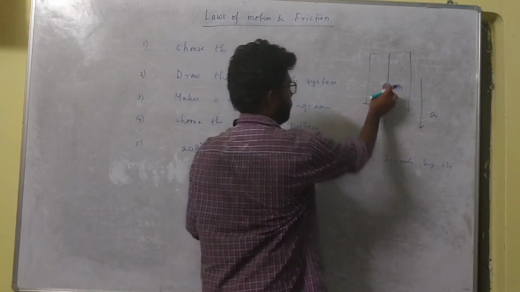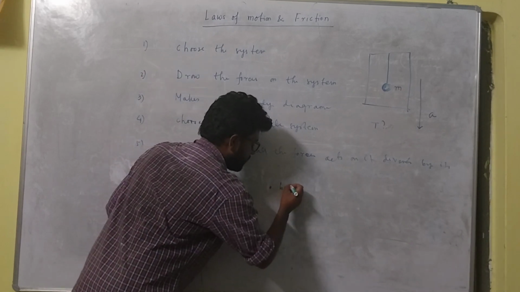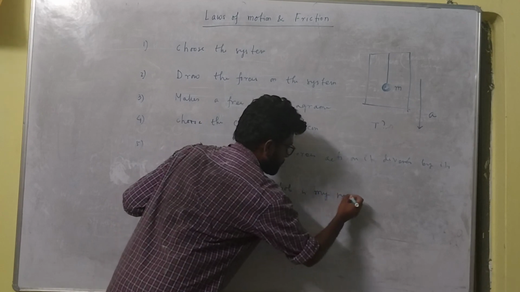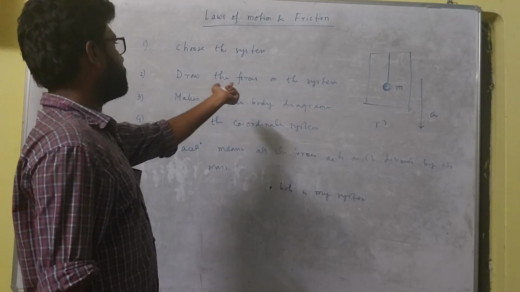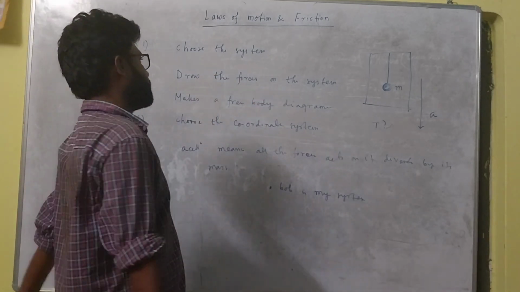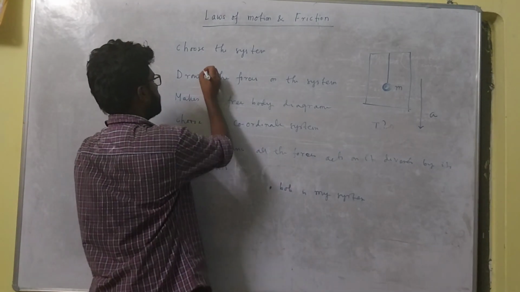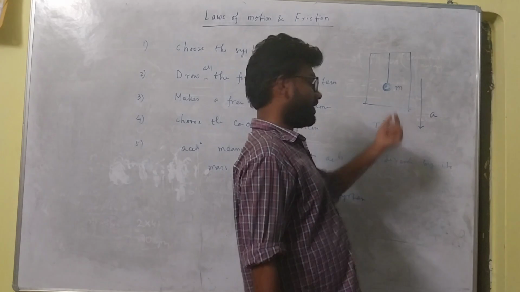So it's a block. First of all, the bob is my system here. So now just draw all the forces on the system. All the forces, right? So first of all, it's a mass m here.